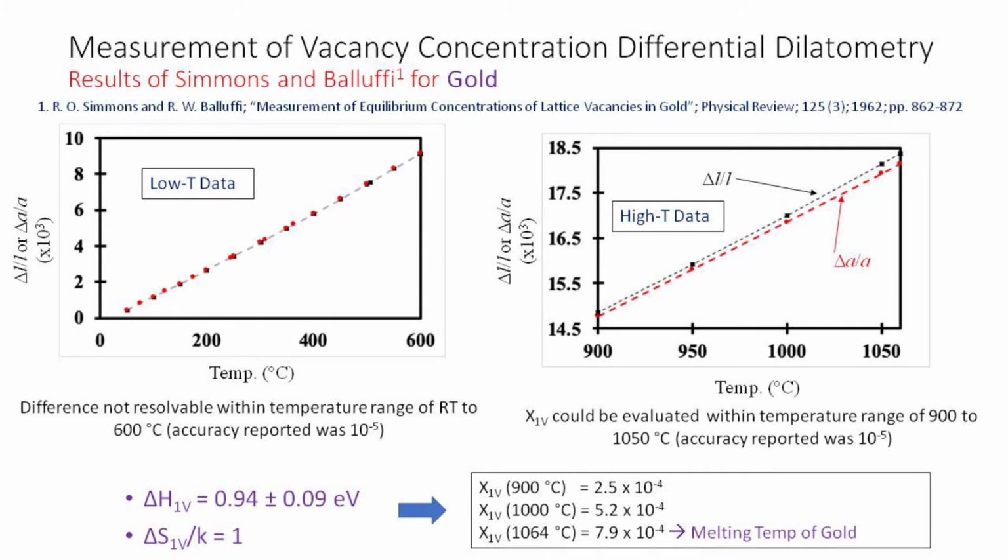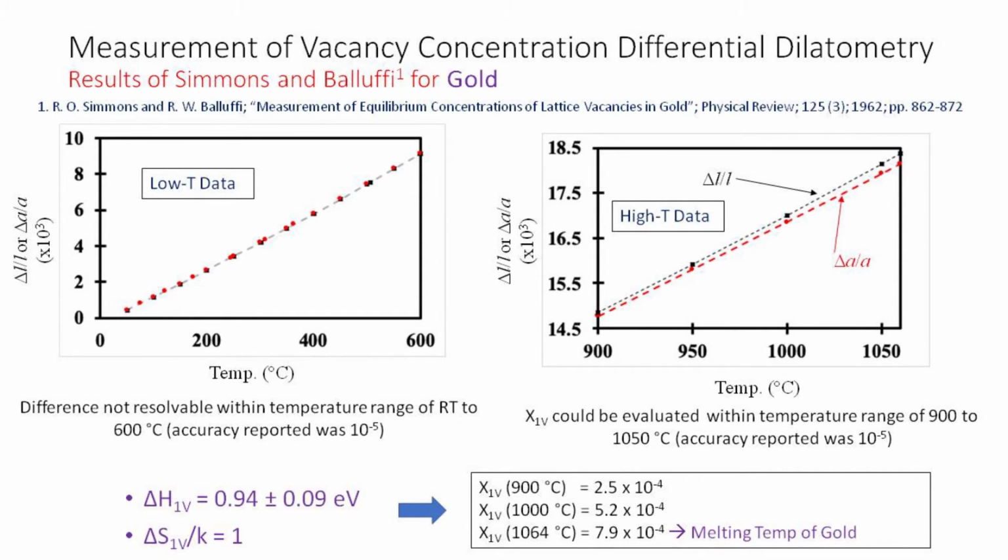Now, they have reported the measurement accuracy of about 10 to the power minus 5 in the measurements of delta L by L or delta A by A, and in this temperature range up to 600 degrees centigrade, the changes in vacancy concentration are not significant. So, the changes in delta L by L or delta A by A were not in the detectable limit, and so you can see all these measurements overlap in this temperature range.